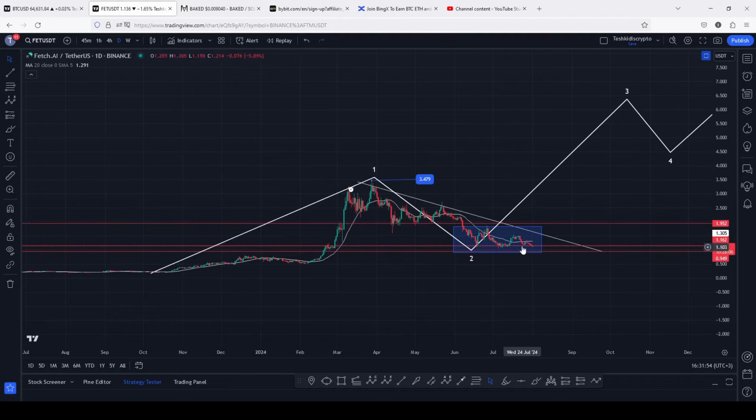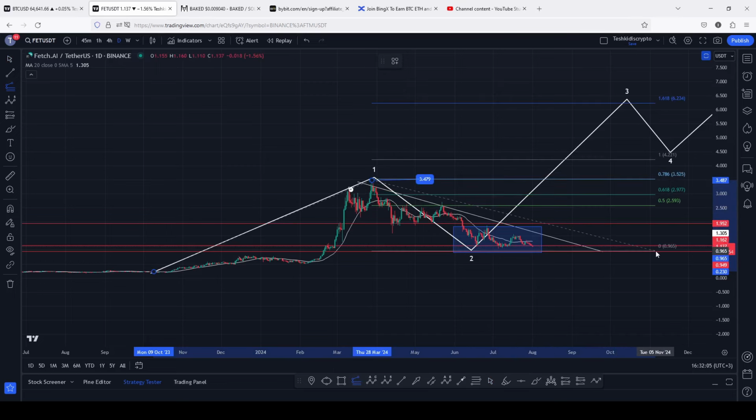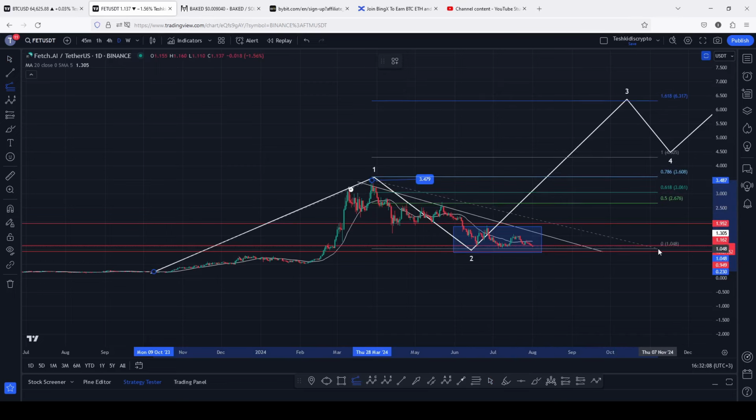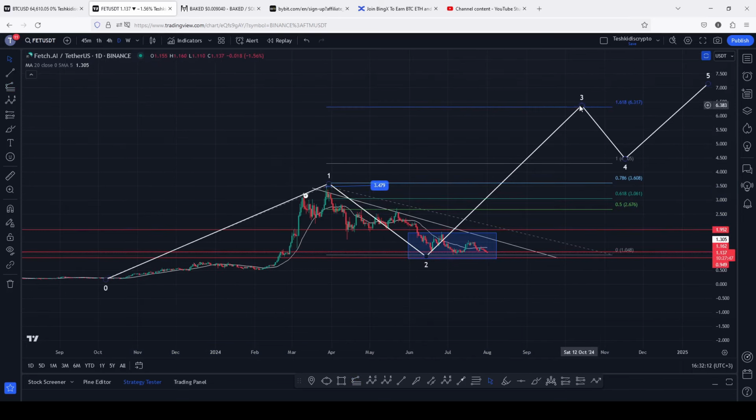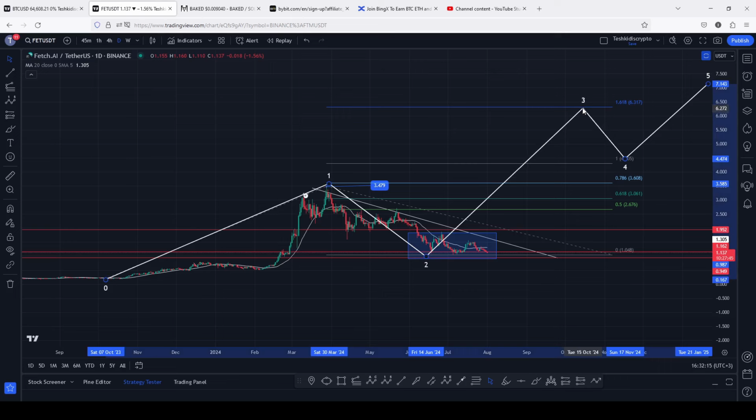Its minimum target areas can be given by connecting the trend-based Fibonacci from the low of the first wave to the high of that negative count 1, then dragging the fibs to the low of the second wave, giving me a minimum target area for the third wave at the fib level 1.618, which perfectly lies above the 6.317. Basing from the current prices, if we manage to hit the fib level 1.618, that will be a perfect 6x to the upside.